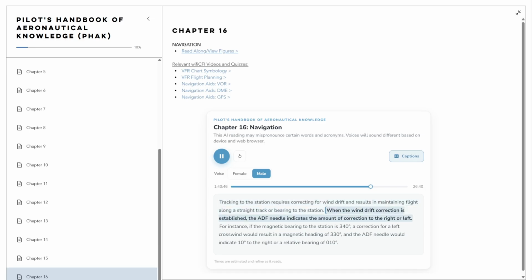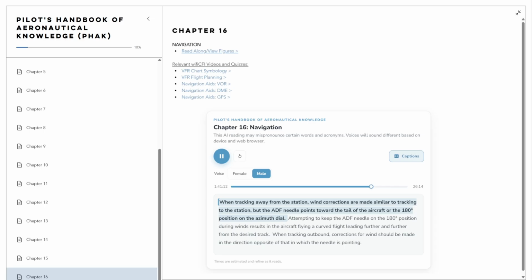When the wind drift correction is established, the ADF needle indicates the amount of correction to the right or left. For instance, if the magnetic bearing to the station is 340 degrees, a correction for a left crosswind would result in a magnetic heading of 330 degrees, and the ADF needle would indicate 10 degrees to the right, or a relative bearing of 010 degrees.